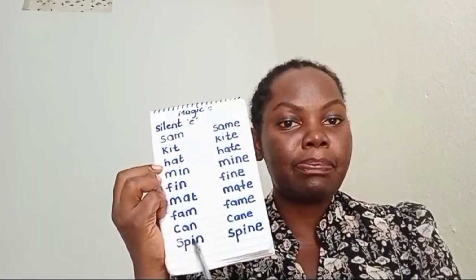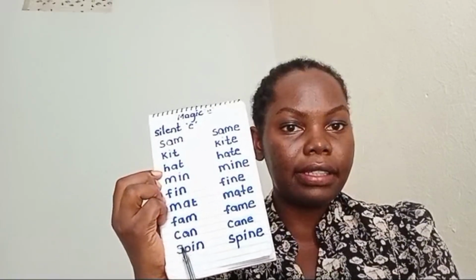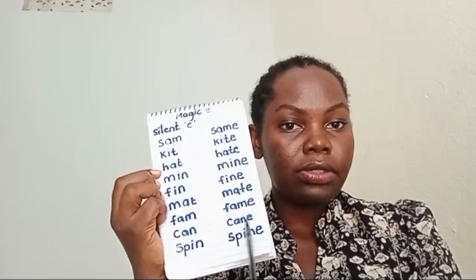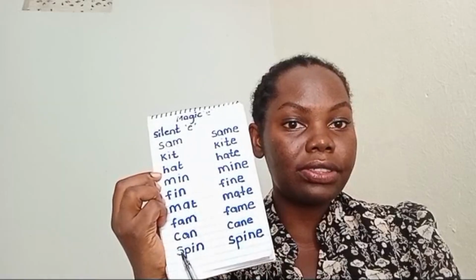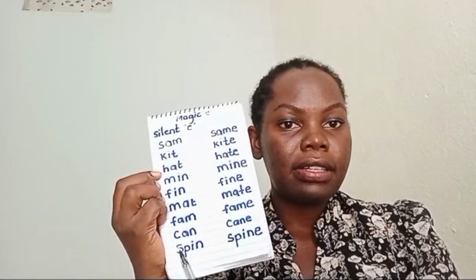We have "spin". SP is a blend. We previously looked at what they call blends. These are usually two consonants, usually pronounced quickly together, but each letter makes its individual sound. So we have "sp", "spin".